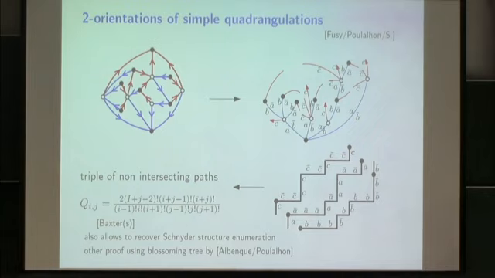And the result is that the set of triples of paths that you get are non-intersecting paths, which go from some 0 point to (i, j), where i and j correspond to the number of black and white vertices in the original quadrangulation.